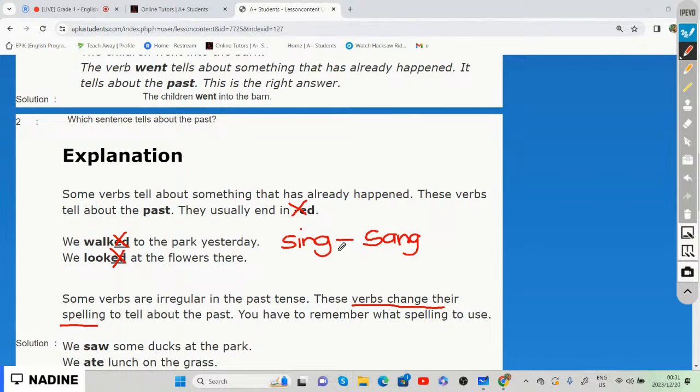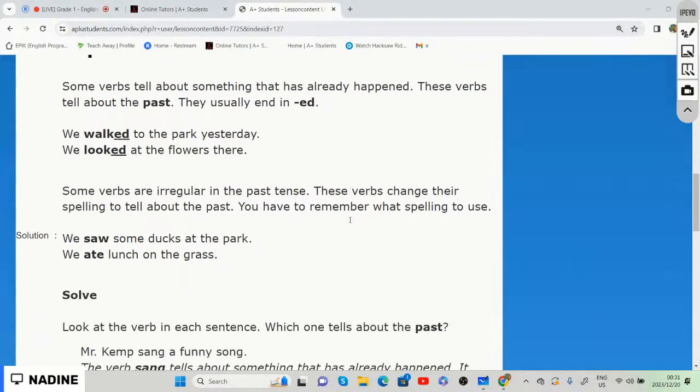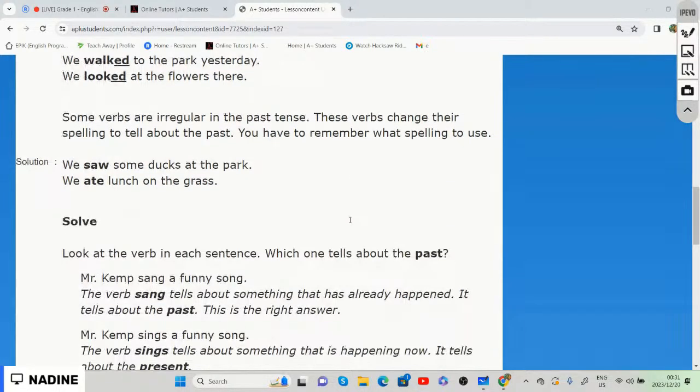Can you see how one of the letters has changed? Sing is present, which shows now, but sang is in the past, right? Because with irregular verbs, we don't add an ed, and that is why I scratched out the ed. So sing and sang.